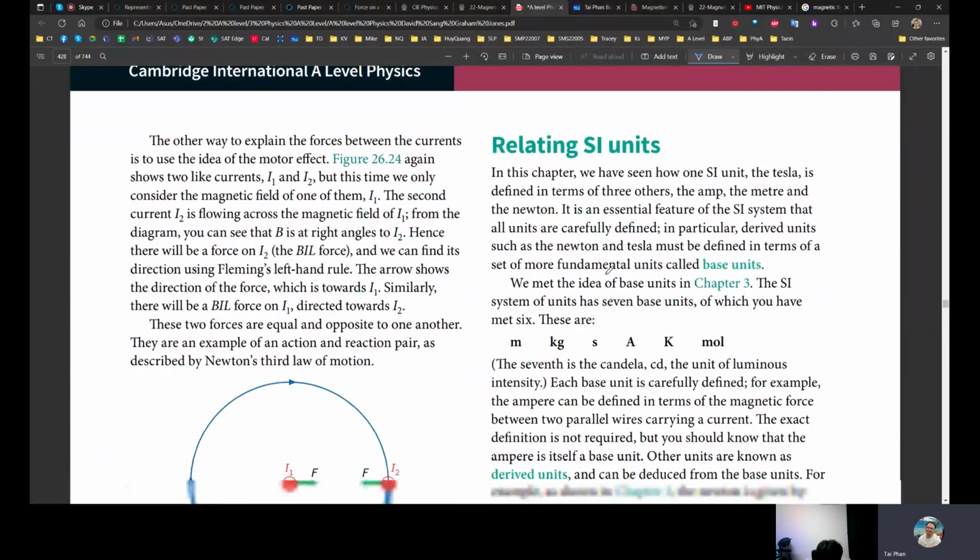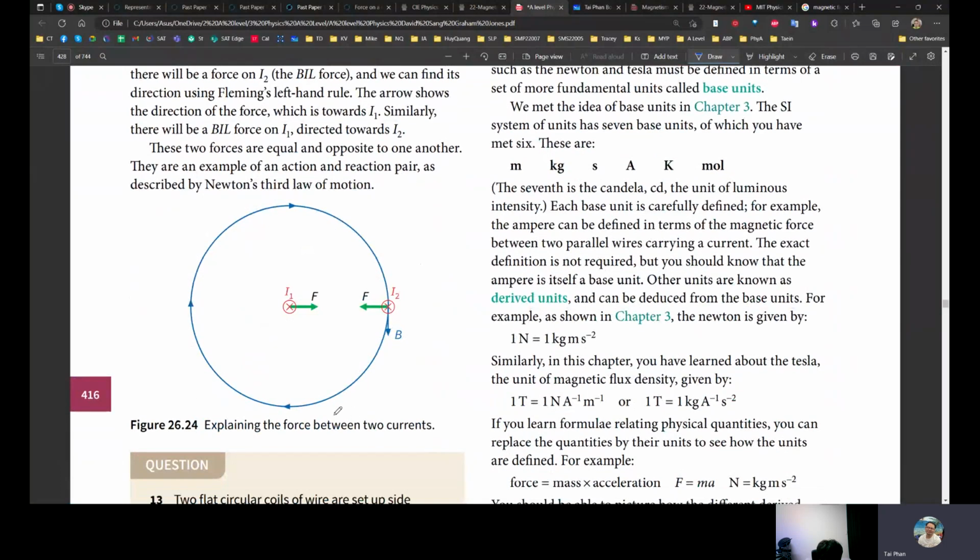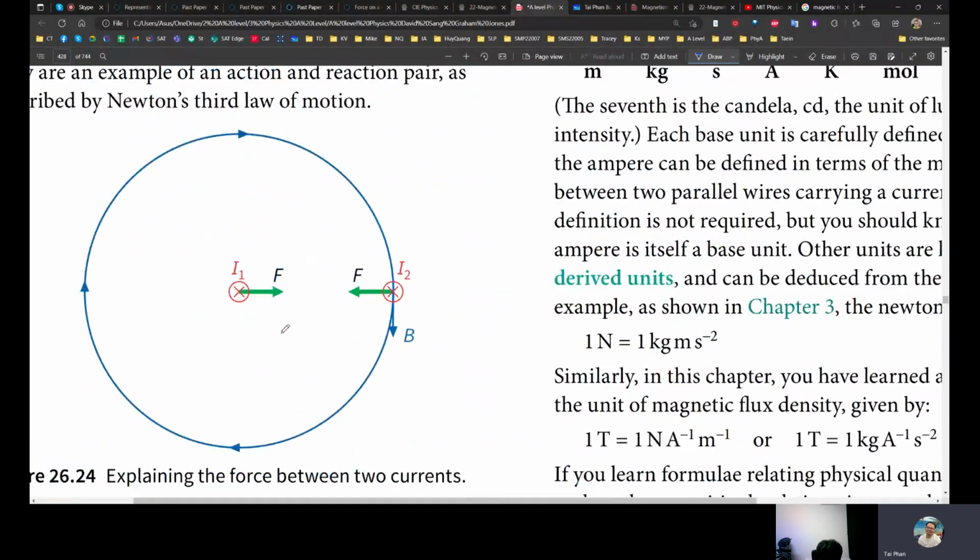Reading SI unit, explaining the force between two currents. This is another way to explain why two currents running in the same direction attract each other. The field generated by the current on the left is a circle like this. So at the position of the second current, the field of the first current is downwards.